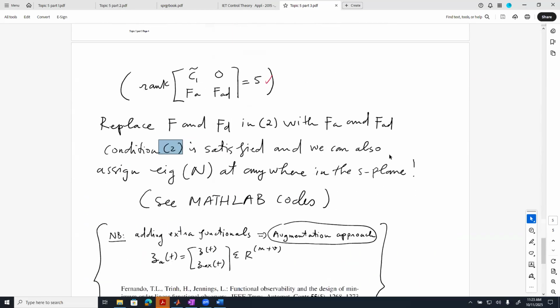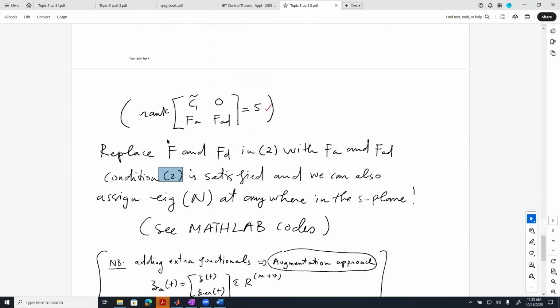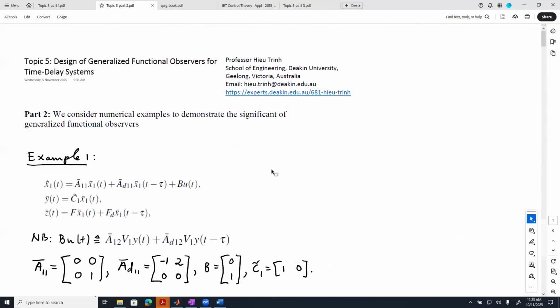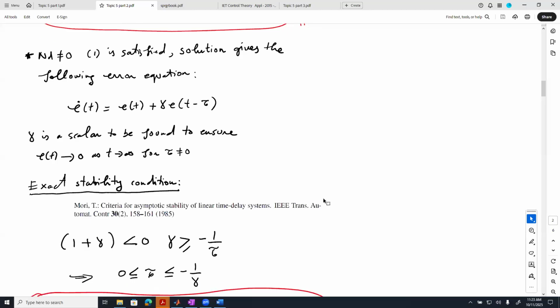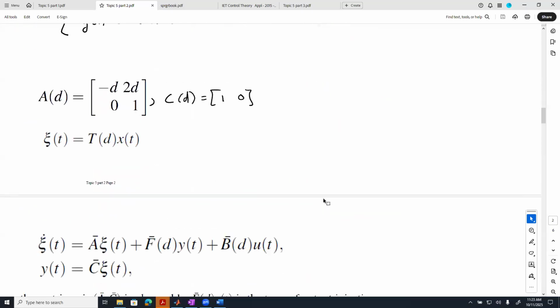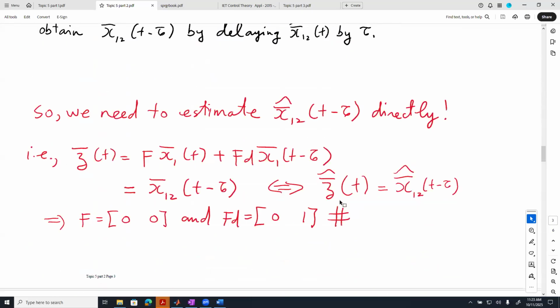And now the good thing about that is when we actually do it, that condition is actually satisfied.